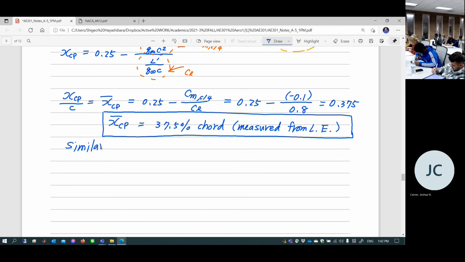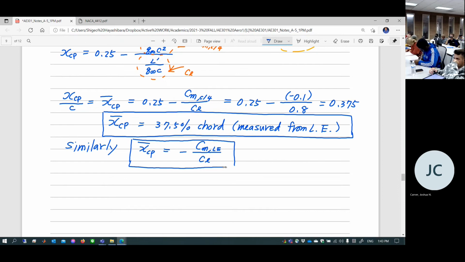Now, similarly, in this case the quarter chord moment coefficient is given. If you're given the leading edge moment coefficient, you can use a similar equation: XCP bar is minus CM taken at the leading edge divided by CL.